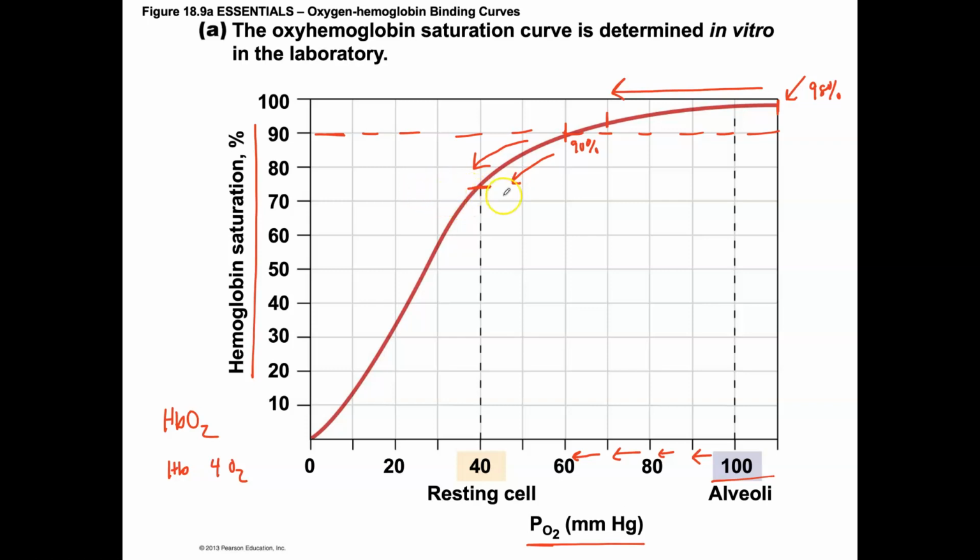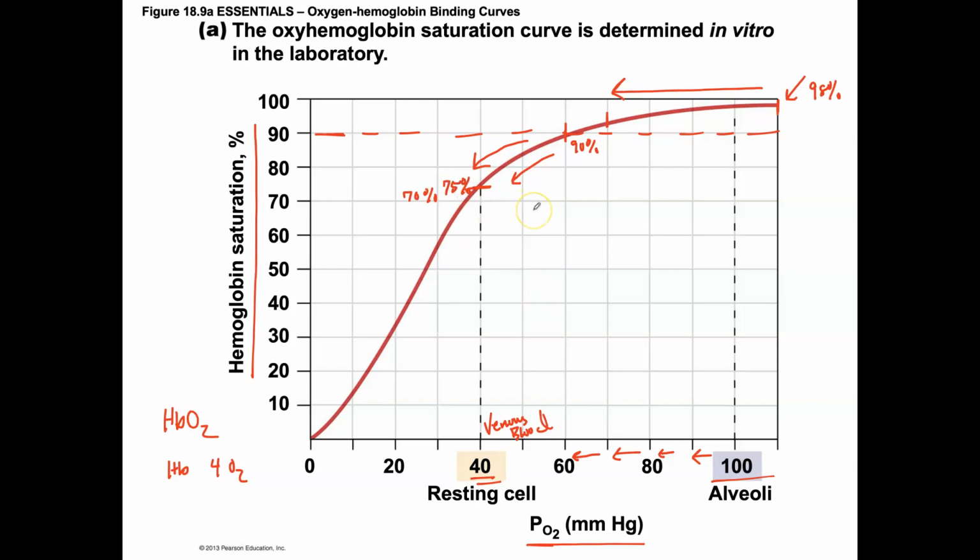We're still above 70% saturation at 40 millimeters of mercury. This would be essentially venous blood. Venous blood approximates about 40 millimeters of mercury partial pressure of oxygen.